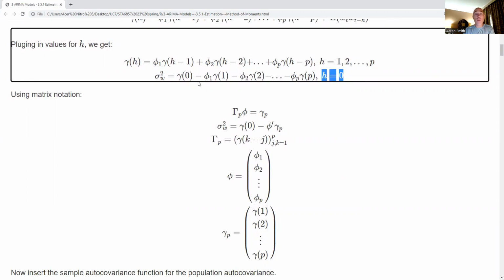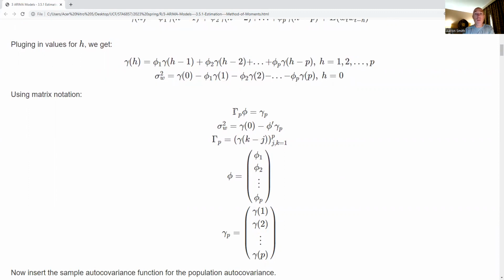So I'm going to let gamma sub p be the autocovariance matrix. I'm multiplying by the vector of coefficients, and this needs to be equal to the vector of autocovariances. So we have autocovariances in two spots in here: in this matrix, but also in this vector.